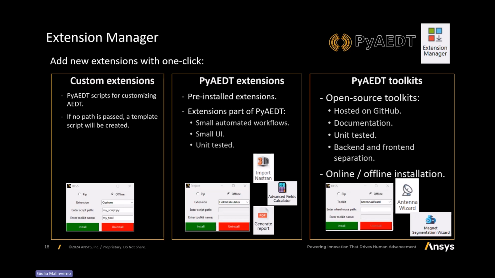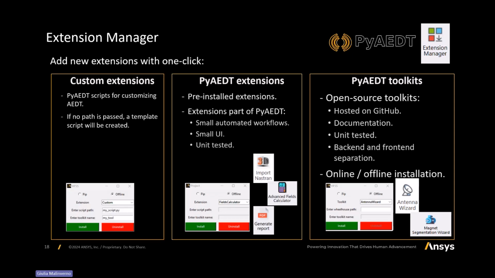And with these, you can pass a script, a path to the script that you want to install, and this will install a button. Through this button, you can directly access within AEDT your own workflow. So as you can see, it's very straightforward. With one click, you can directly access your workflow within AEDT.